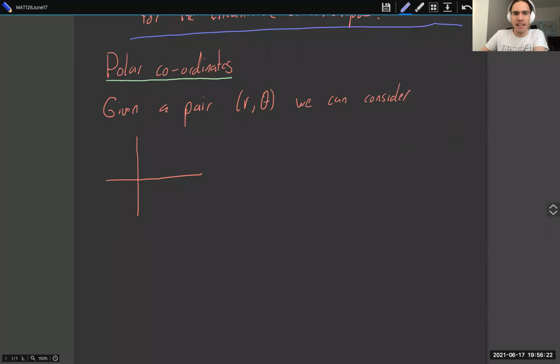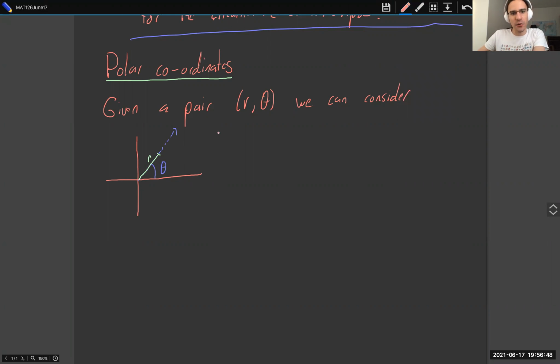We take a ray at angle theta away from the positive x-axis. All angles are measured with respect to the positive x-axis. And then we go a distance r along this ray. And that defines a point.